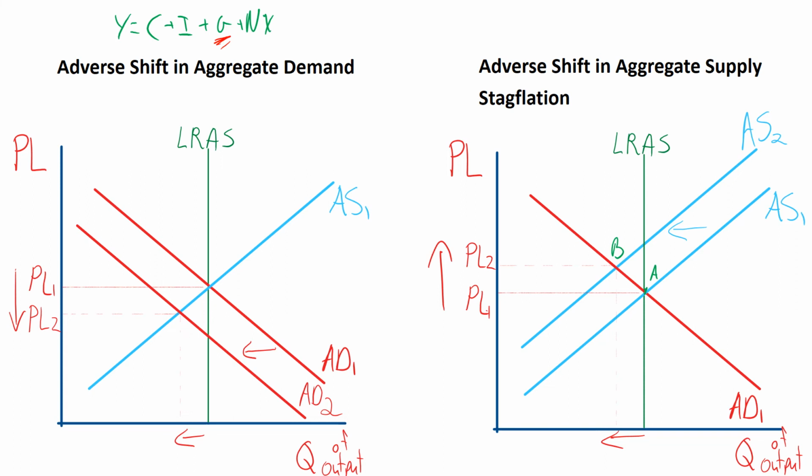They can shift that aggregate demand curve back to where it was. If they can't wait for it to fix on its own, they can step in and move that aggregate demand curve. They'll probably take on more government debt. I'm not saying there's no consequences, but they can affect the aggregate demand curve and shift it to the right.